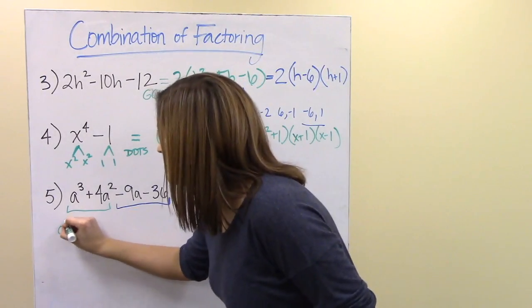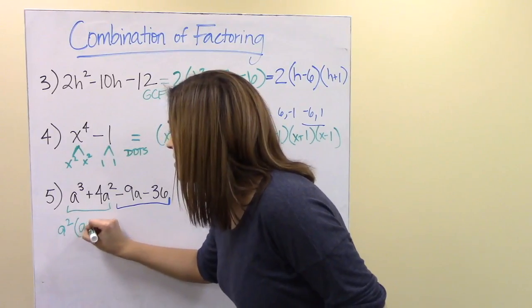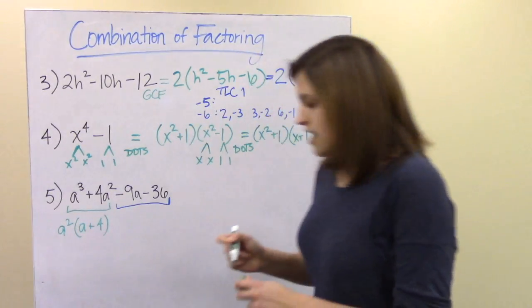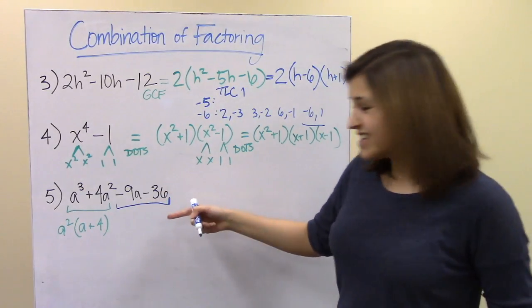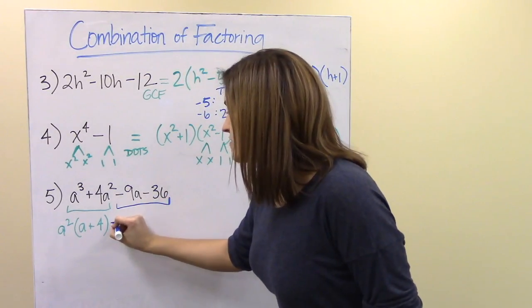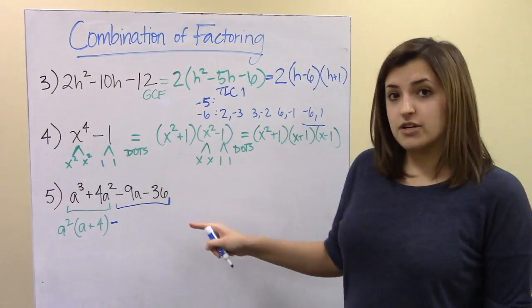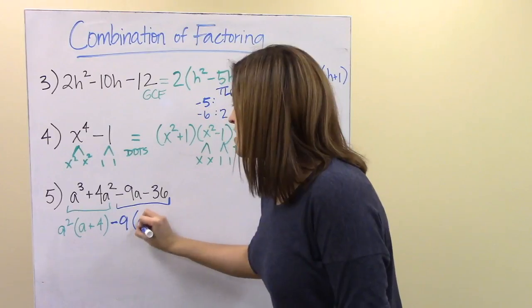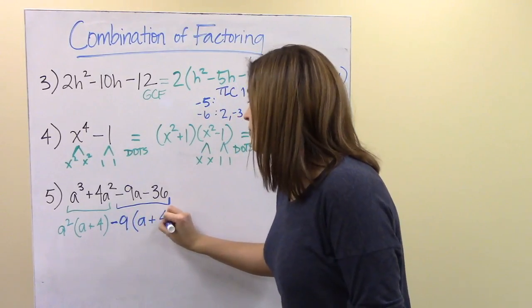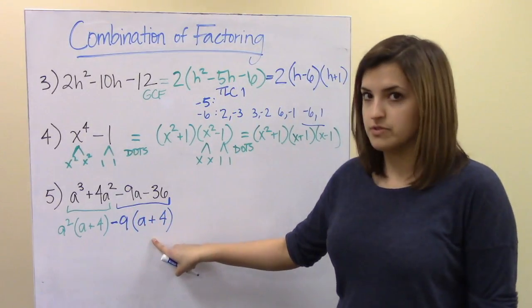So I pull an a squared out, and I have a plus 4. And then I will have negative 9a minus 36. So I'll have minus for sure. And then 9 goes into 9a and 36. So I'll have minus 9 times a plus 4, because that negative distributes.